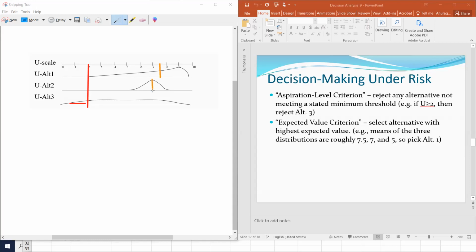For this one, it will be 7. And for this one, it will be around 5. So the expected value is sort of the average of the distribution, lying in the middle of that. Okay. So expected value criteria will give me 7.5, 7, and 5. And because alternative 1 has the highest value, I'll probably pick alternative 1 in that scenario if I'm picking based on the expected value criteria.